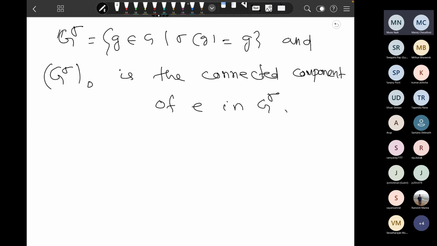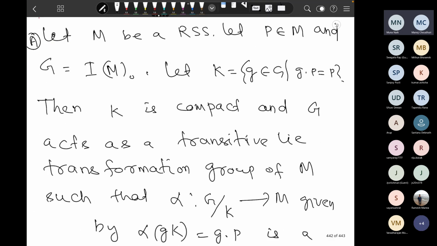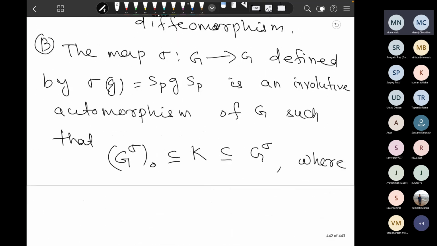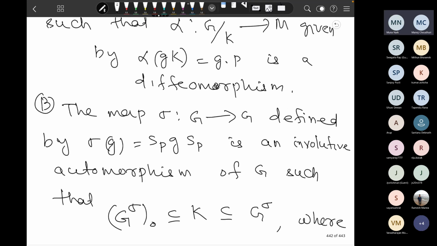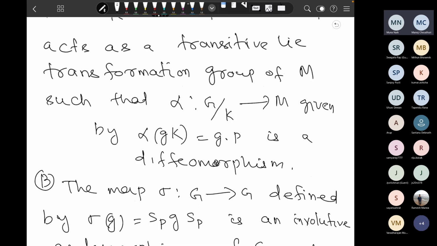This is what I wanted to prove, and this is a very important theorem. The derivative of sigma is called the Cartan involution. In the next lecture we will define that, and slowly we will move towards the Lie theoretic characterization of Riemannian symmetric space.